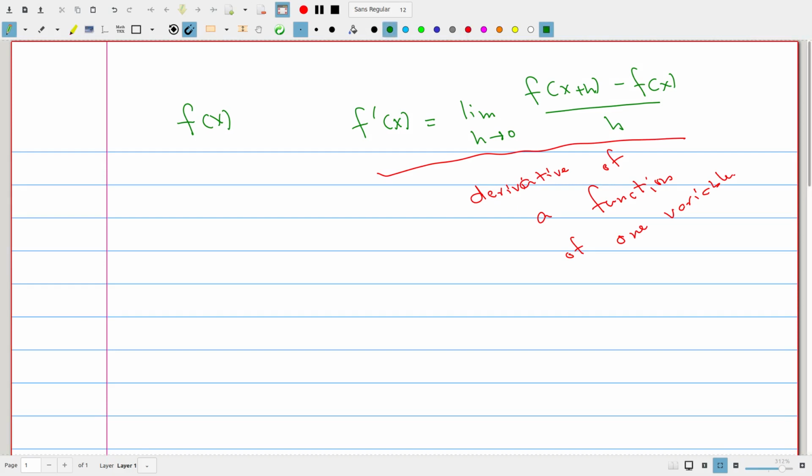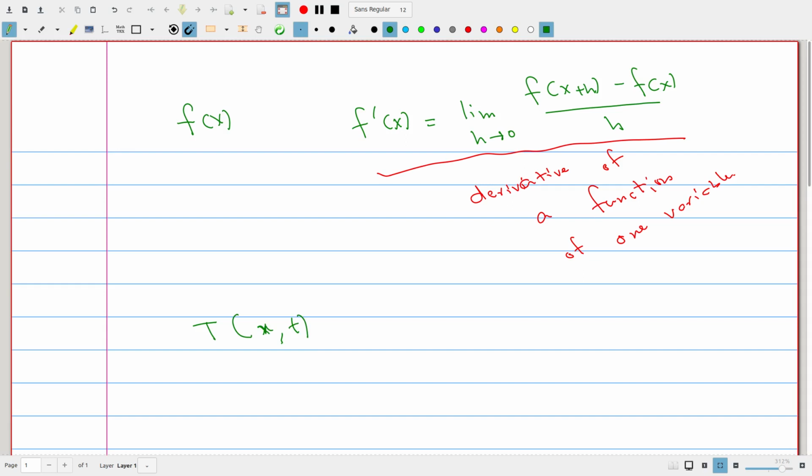Let's say the temperature in a room is a function of position, which is given by x, and time t.